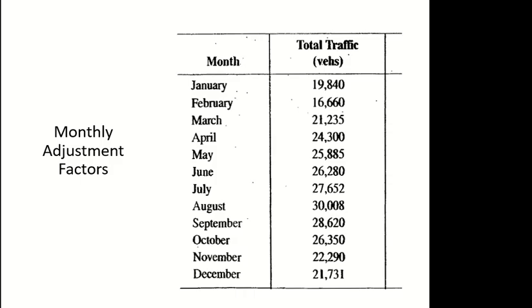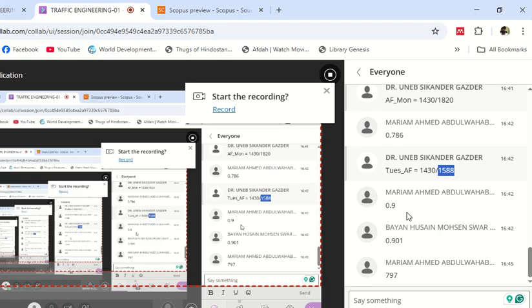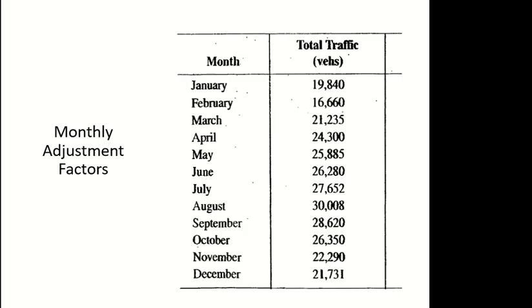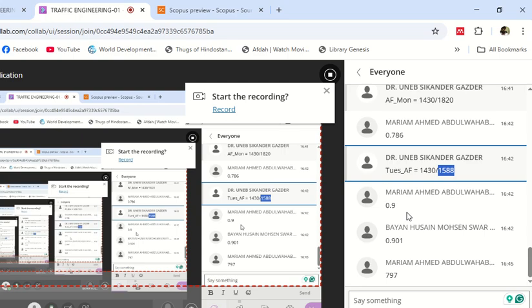If it was average, then I would divide by 12 and get the ADT for the whole year. So if you add all these values and divide by the number of days, 365, what do you get? 797.